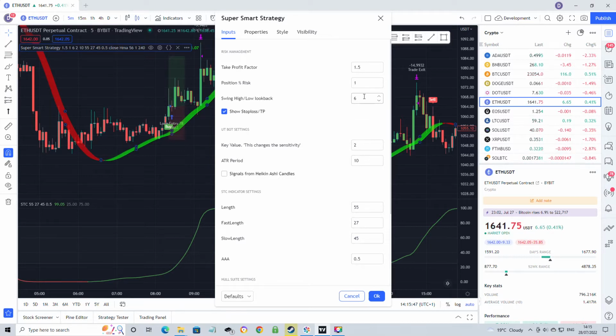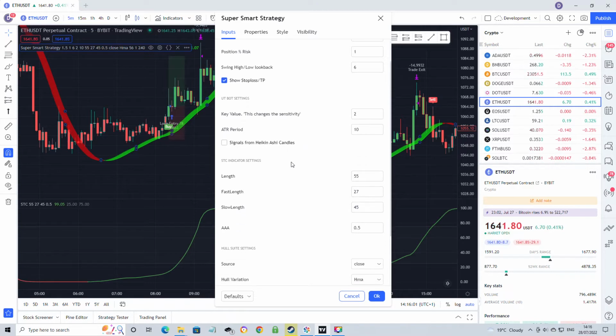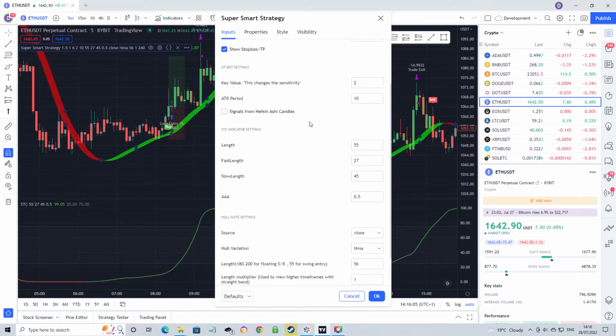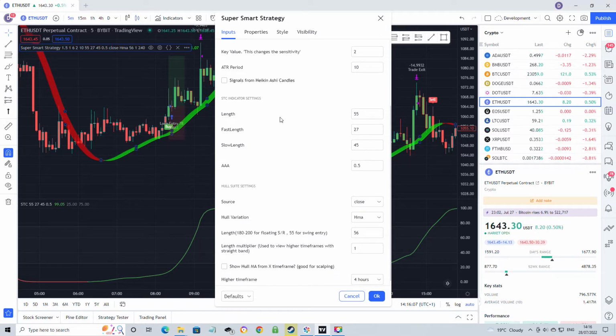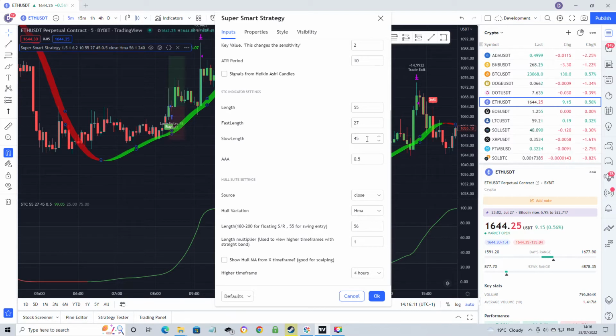Setting here for looking at the recent swing high or low look back. There's a checkbox. Checking that will determine whether the stop loss and take profit levels are shown on the chart. And then further down, we've got the UT bot settings. These are set to 2 and 10. STC indicator settings, length 55, 27, slow length 45.